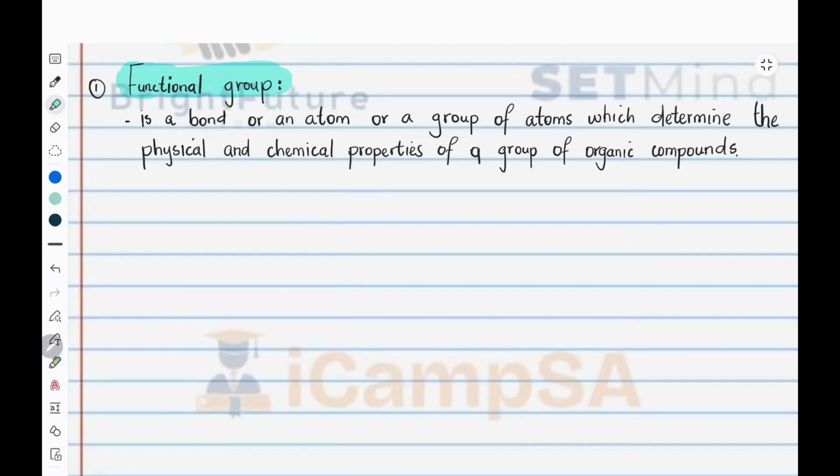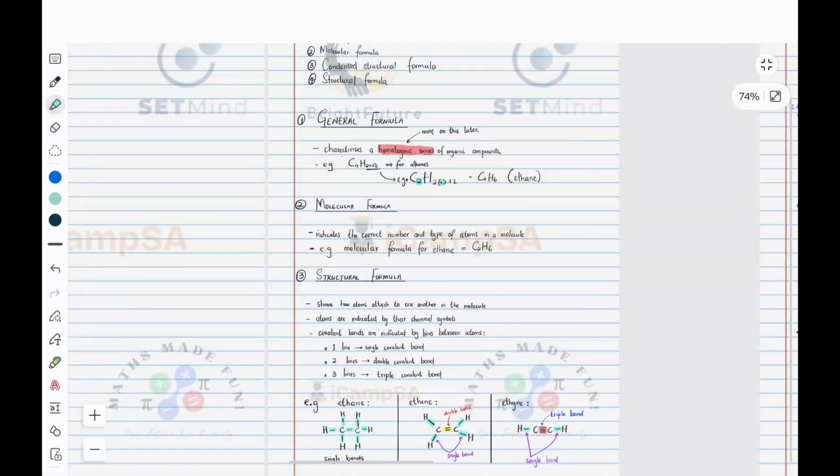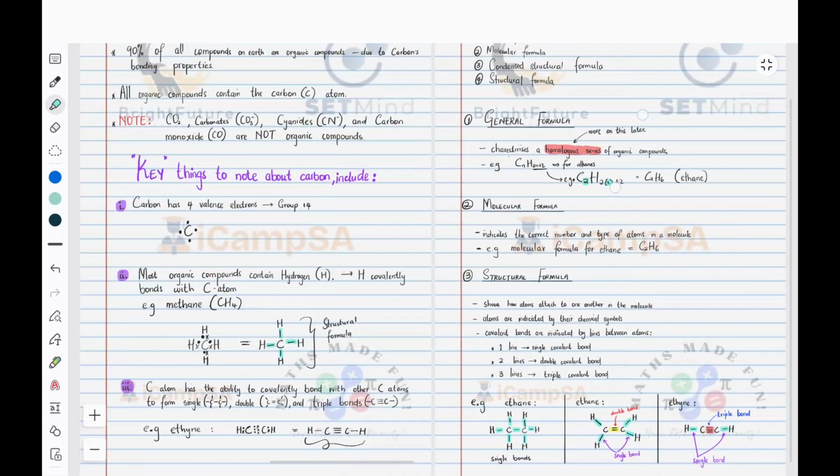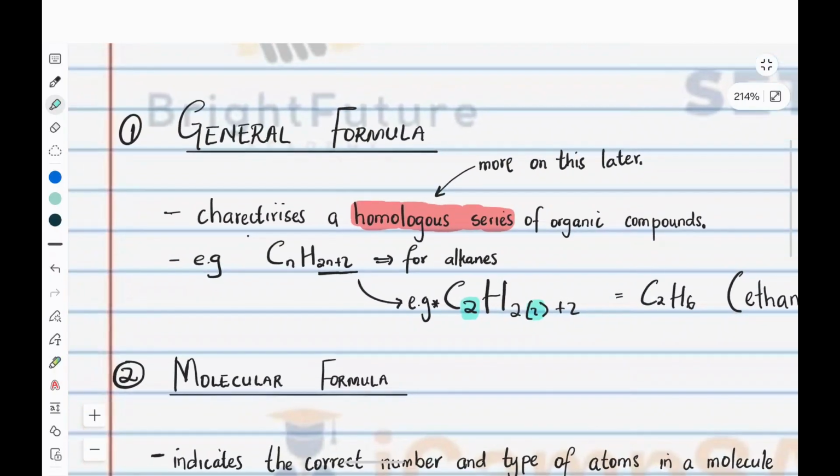if you remember one of our examples here, we said a general formula characterizes a homologous series, right? So it's this formula here. It tells us that if I go to that group of organic compounds, all of them will always follow a strict formula in how they form the compounds in general.